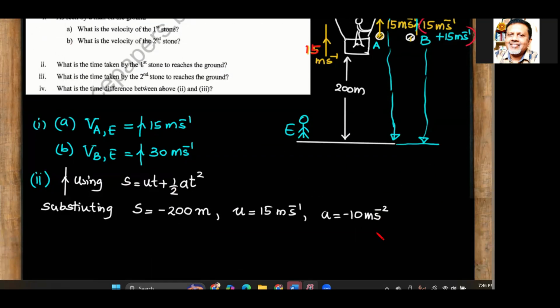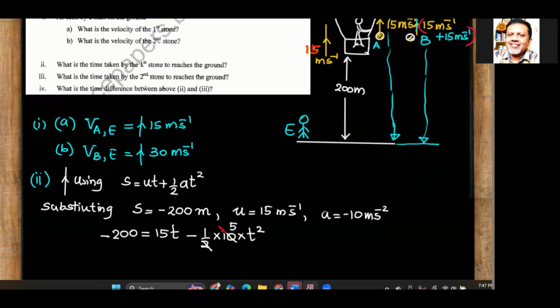We consider the time as simply t. So if you substitute, minus 200 is equal to u, which is 15, times t, minus half times 10 times t squared. Right, so we will have a quadratic equation of t.